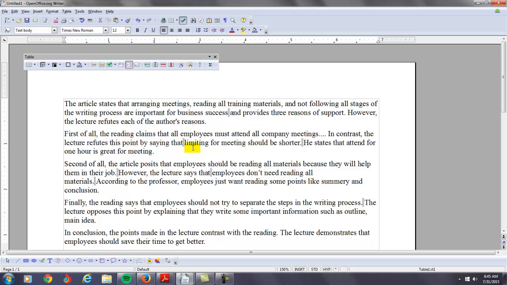So the lecture refutes this point by saying that limiting, and then you might say is important.